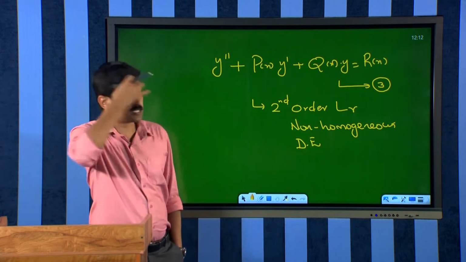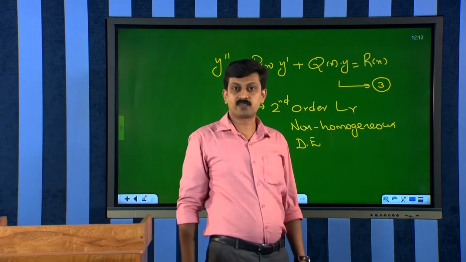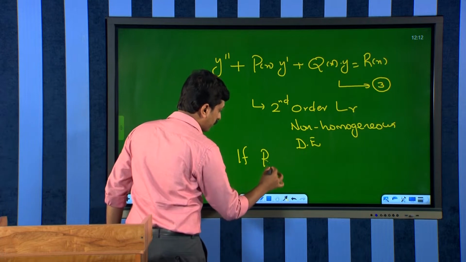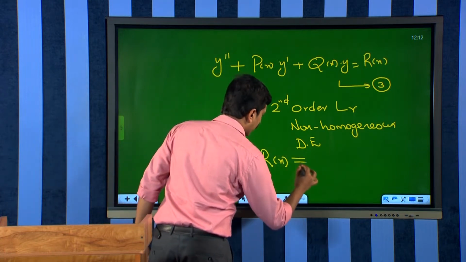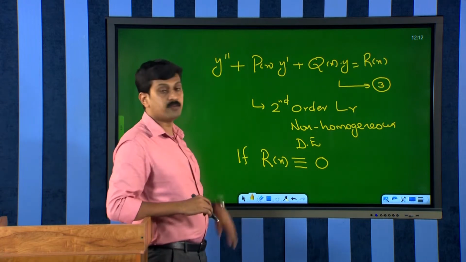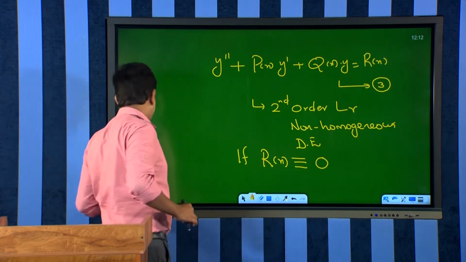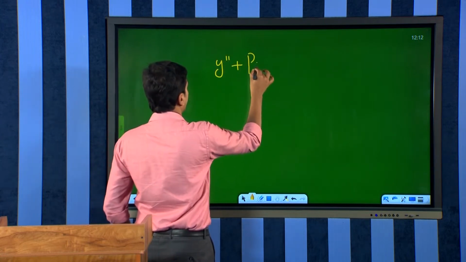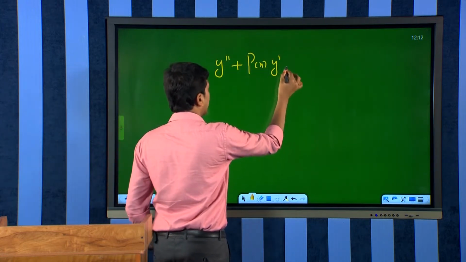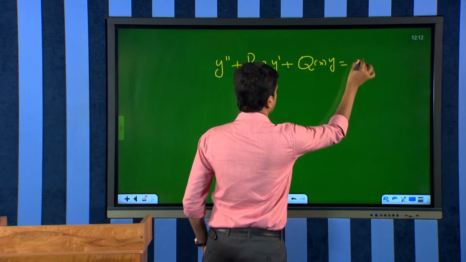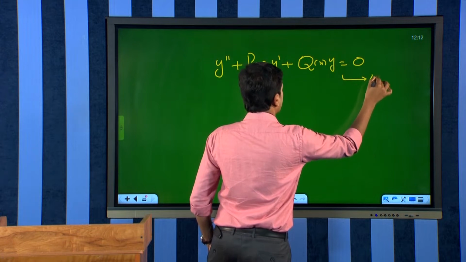My dear students, if R of x is identically equal to 0, then equation 3 becomes y double dash plus P of x y dash plus Q of x y is equal to 0. This is the fourth equation.